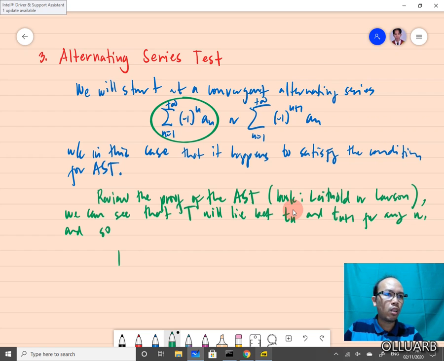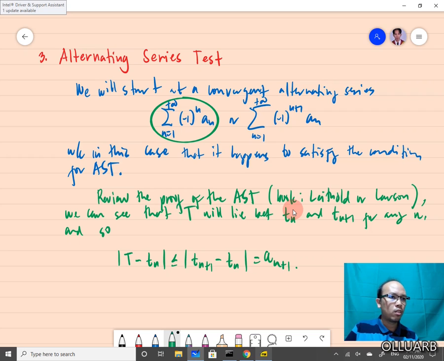Okay, our alternating series, which converges to t, will satisfy this inequality. Okay, t sub n+1 minus t sub n is equal to a sub n+1.